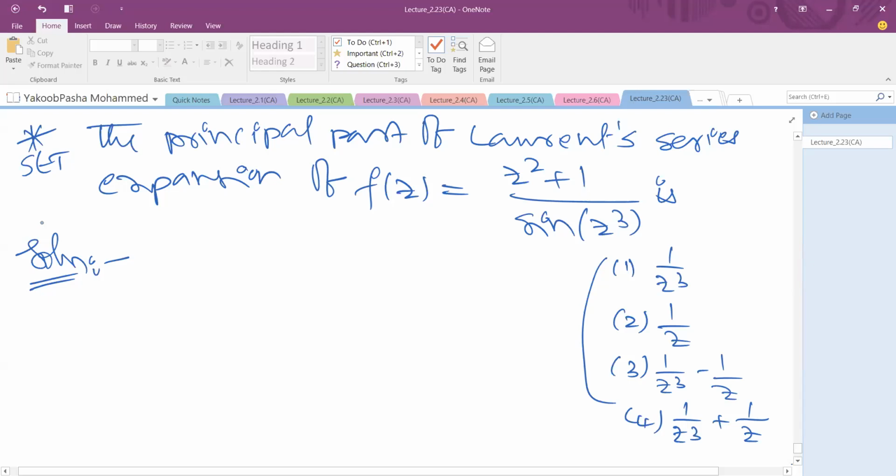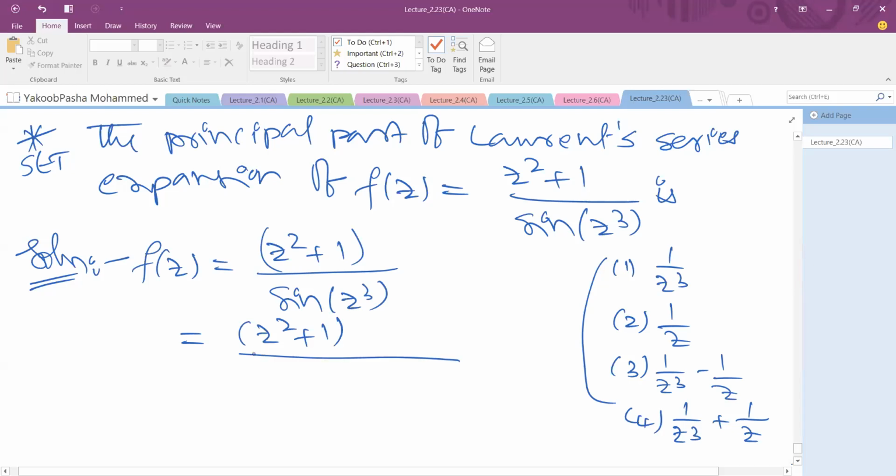First, I am taking the function f of z is equal to z square plus 1 divided by sine z cube. Numerator is same, denominator is sine z అనుకోండి మొత్తం z cube ను z అని z cube minus z cube whole cube by 3 factorial plus z cube ఇంకో టర్మ్ అవసరం లేదు and so on.